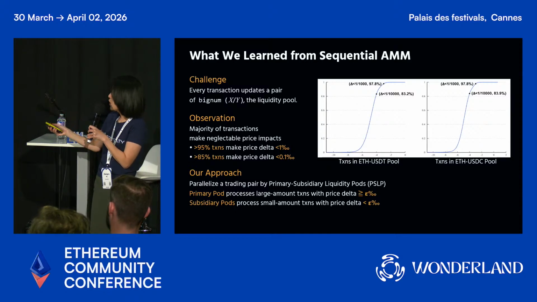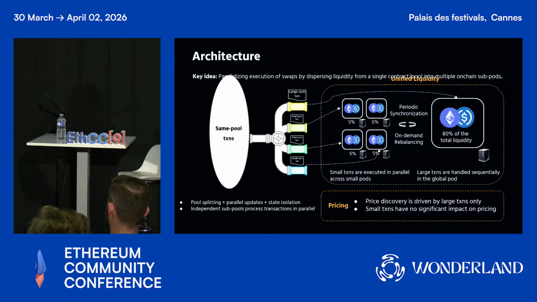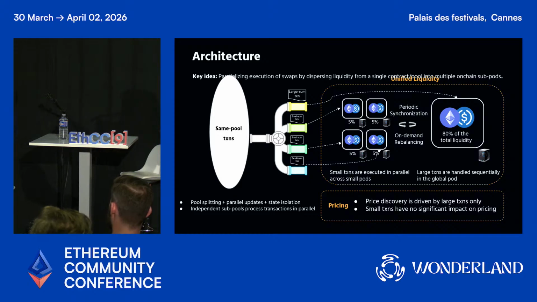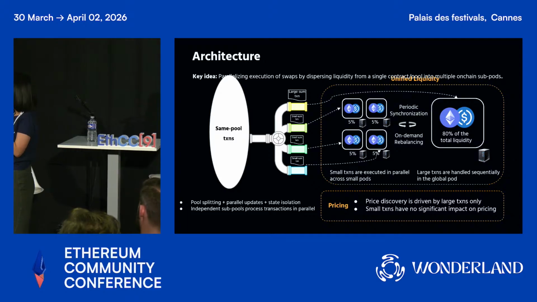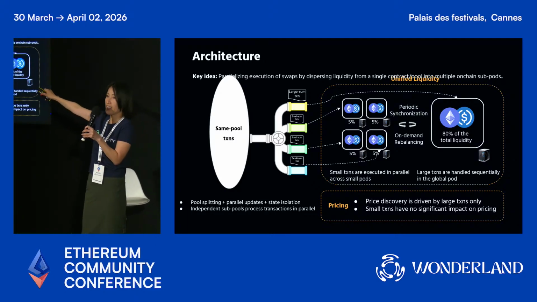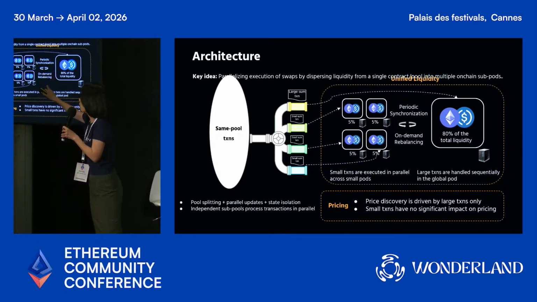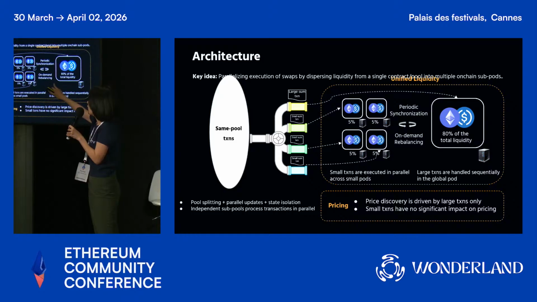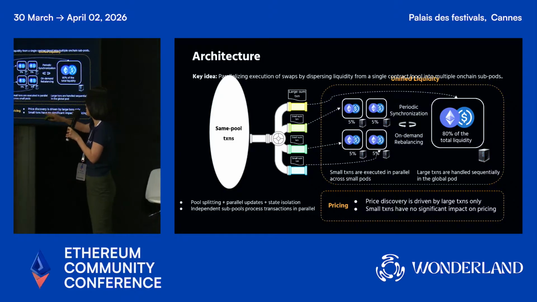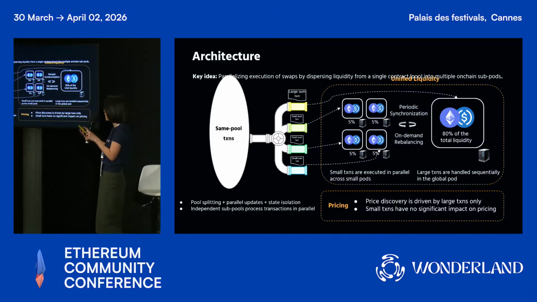We would route the large transactions, the transactions that actually have a price impact, to a global pod, and this one may hold probably 80% of total liquidity. And all the small transactions would be routed to the smaller pods for parallel processing, and each of them may hold only 5% of the total liquidity.